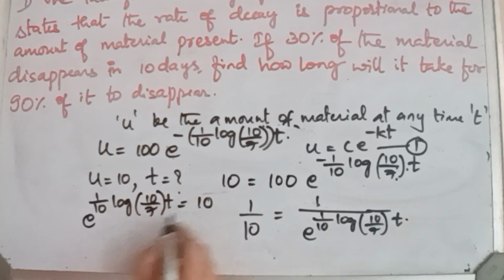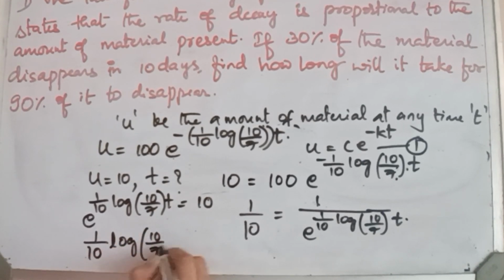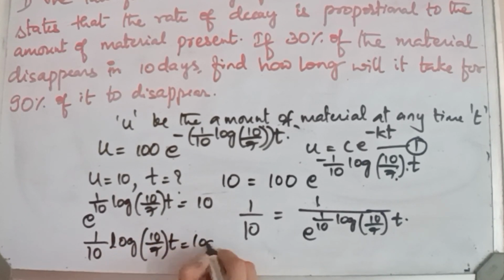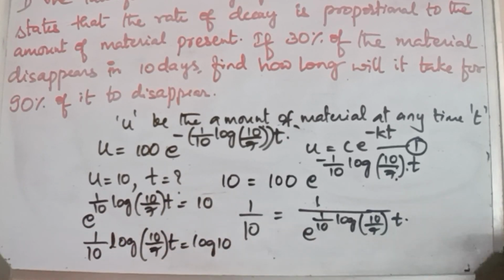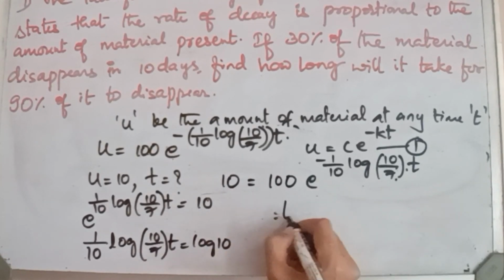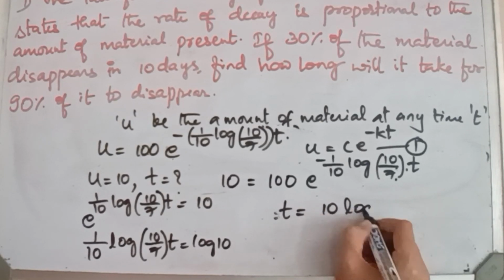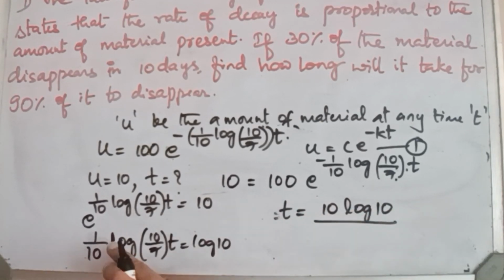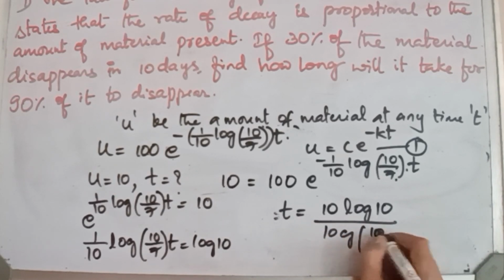So take log on both sides. So you will get 1 by 10 into log of 10 by 7 into t equal to log 10, because here the exponential and log cancel, and just log 10 remains. So t equals 10 into log of 10 divided by log of 10 by 7.